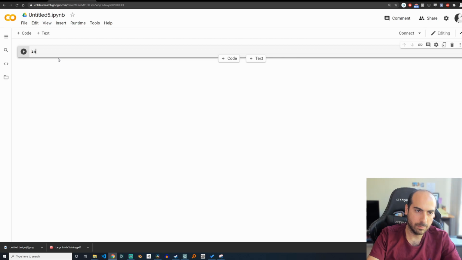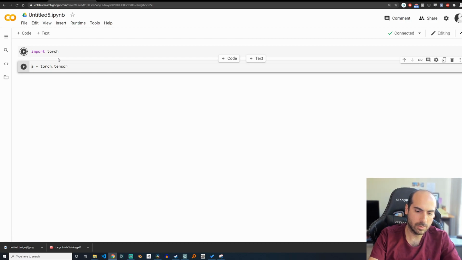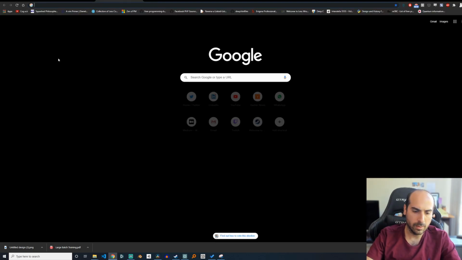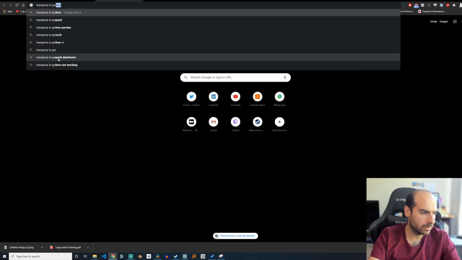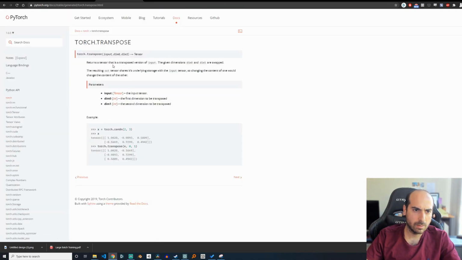So let's say import torch, and then A equals torch dot tensor. And then this is 1, 1. Right. And then how do you do transpose in PyTorch? Okay, torch dot transpose.